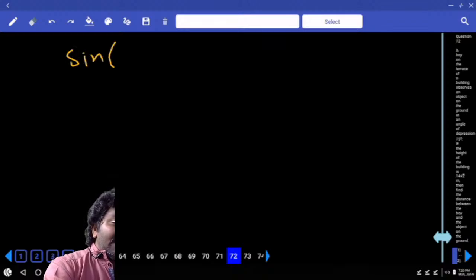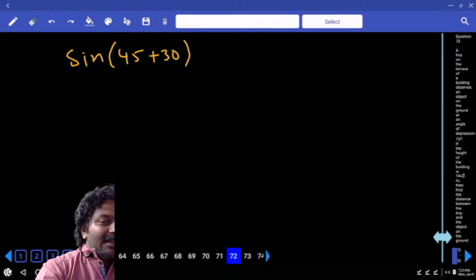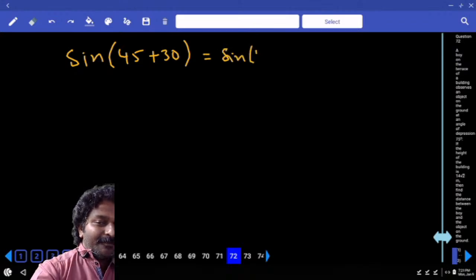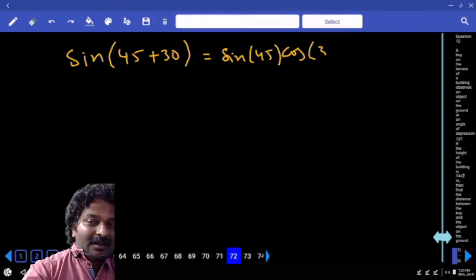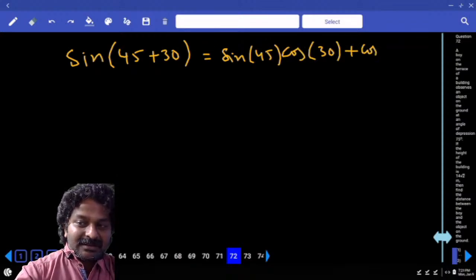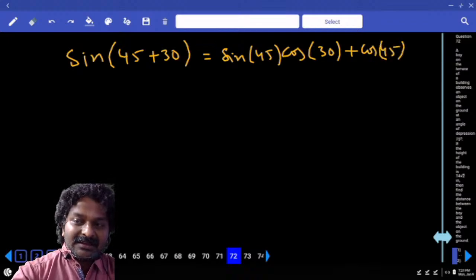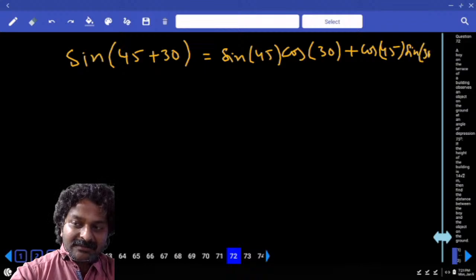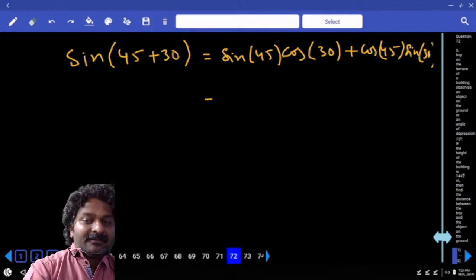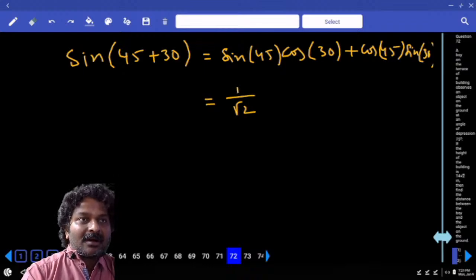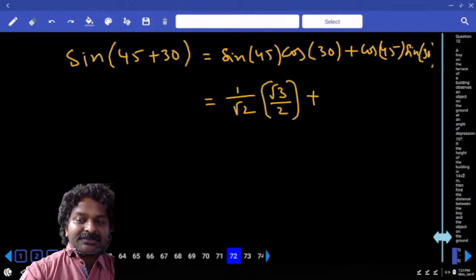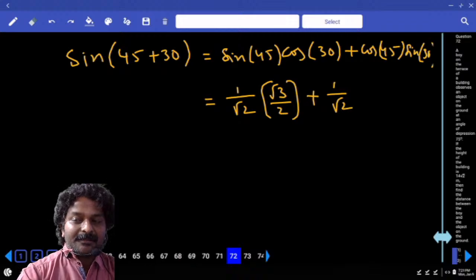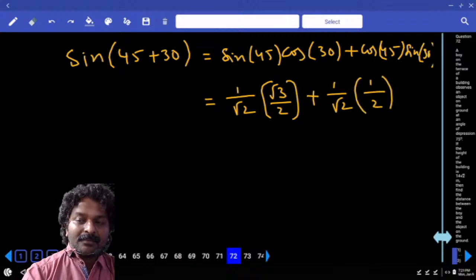Can we say sin 75 as sin of 45 plus 30? sin A cos B plus cos A sin B. So sin 45 cos 30, which is root 3 by 2, plus cos 45 sin 30, which is 1 by 2.